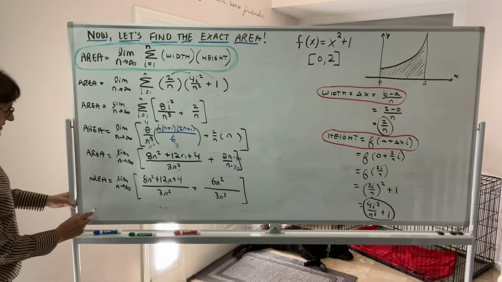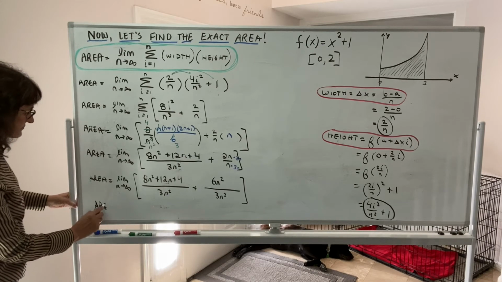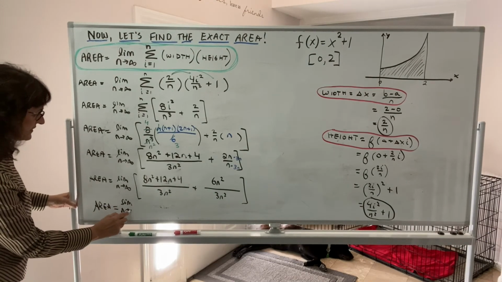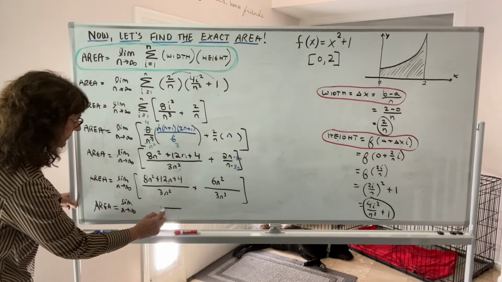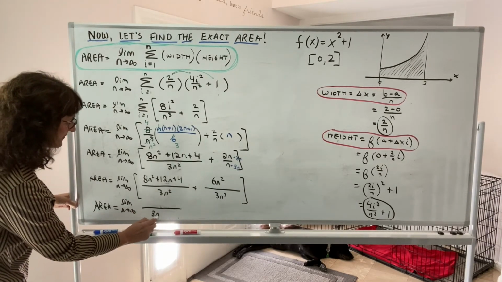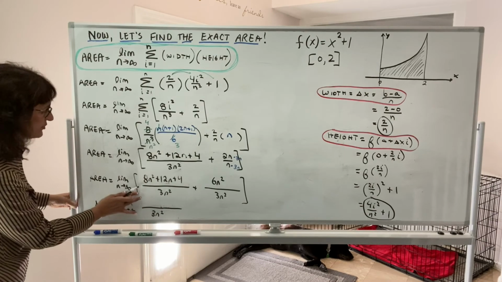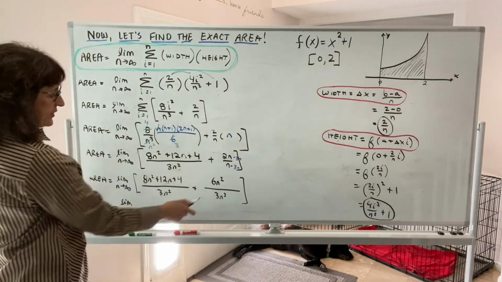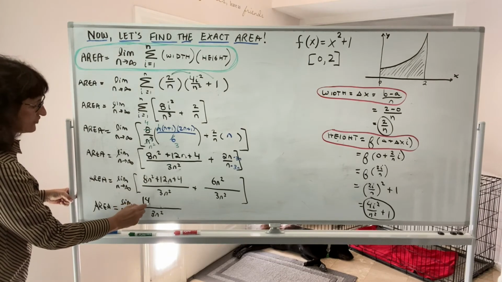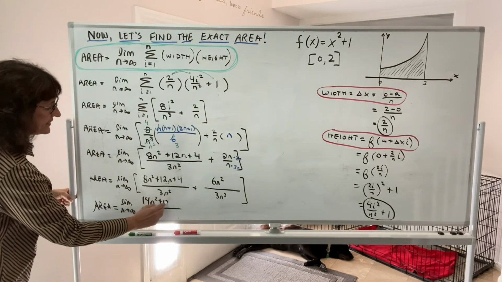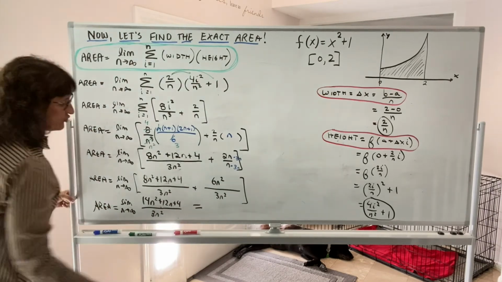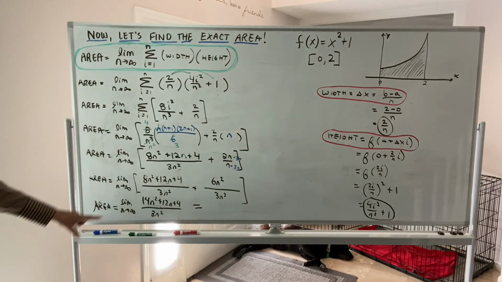Let me write down one more step. The area is the limit as n goes to infinity. We want to keep the denominator, which is 3n squared, and we want to combine the numerators. So when we combine the numerators, 8n squared and 6n squared, we have 14n squared, plus 12n plus 4. So finally, we can go ahead and take the limit.